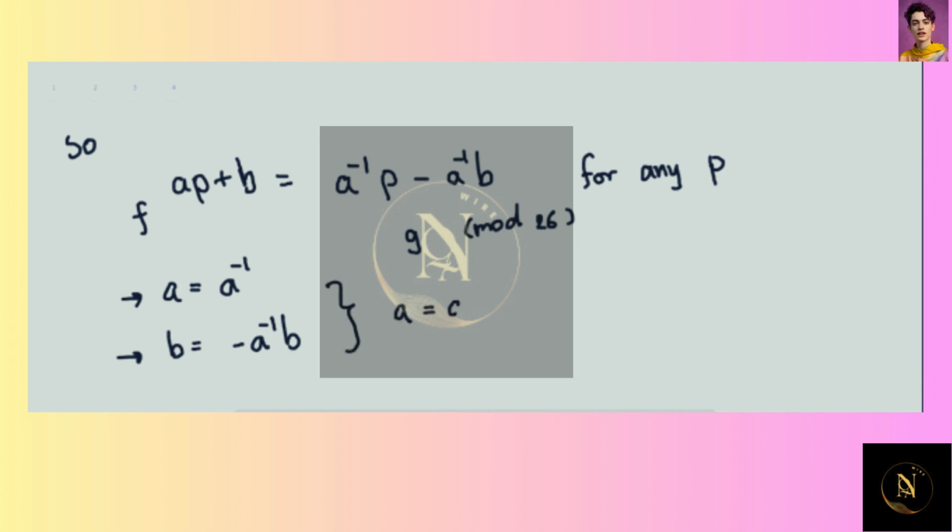These will be the clues we use for solving this problem. Firstly, a equals a inverse. In mod 26, there are only two options: either a is 1 or a is minus 1, which in this case translates to 25 in mod 26.